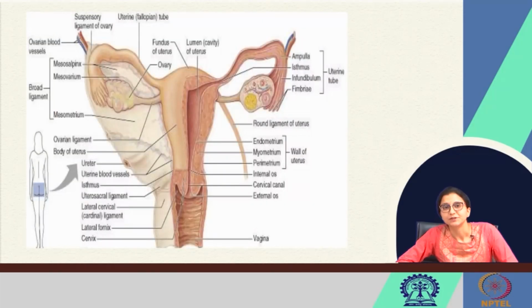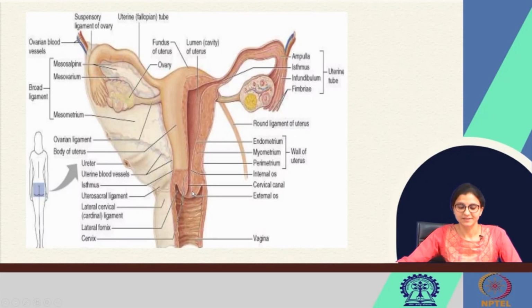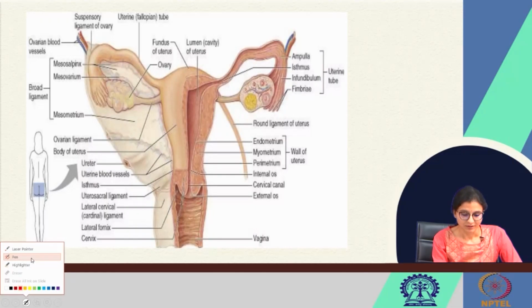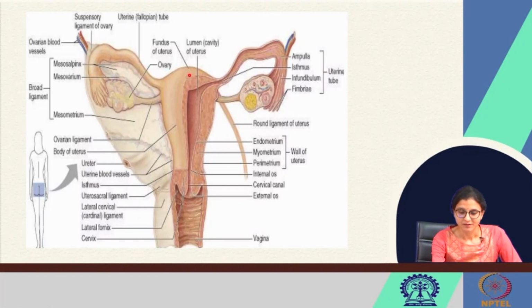Coming to the class proper. This is a pictorial representation of the female internal genitalia. We can see this is the uterus and this part is the cervix, the uterus going down forming the cervix, and the appendages of the uterus, which are the fallopian tubes on both sides.